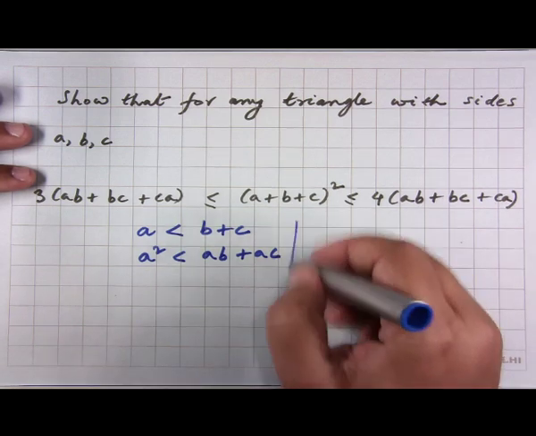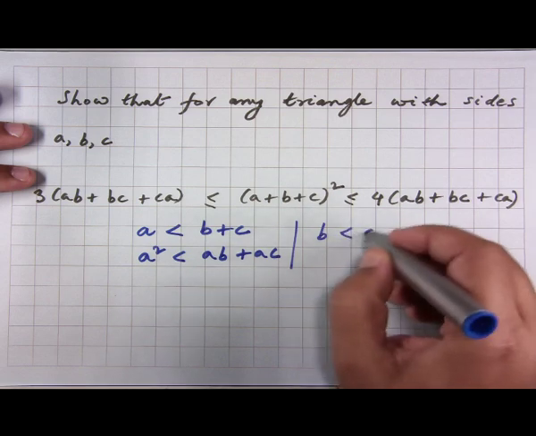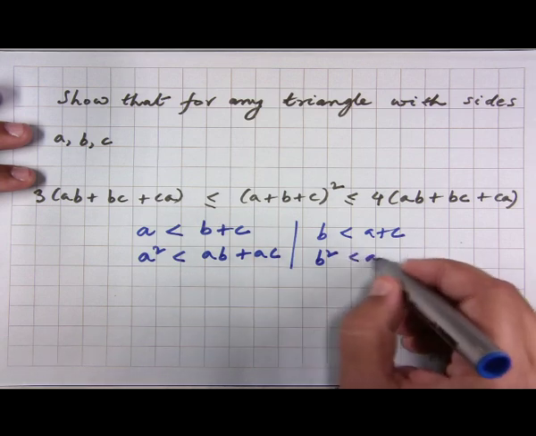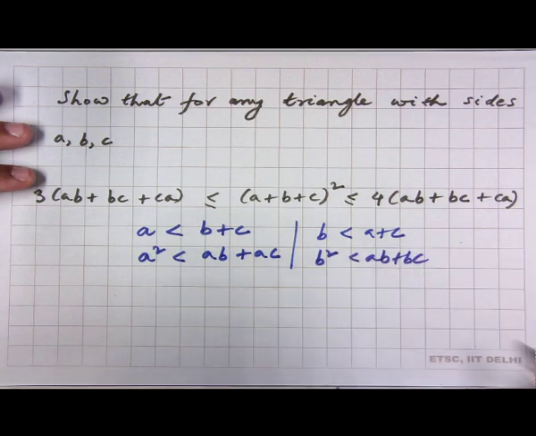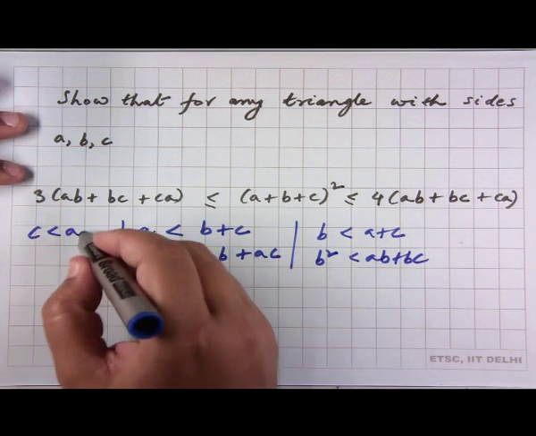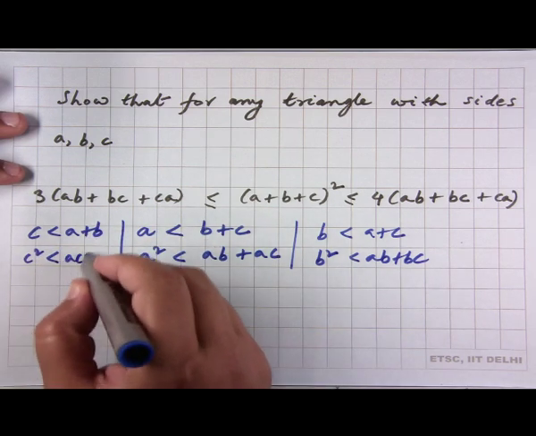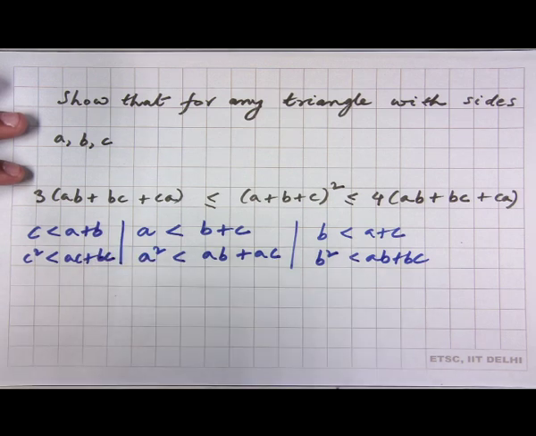And then similarly for B, we know that B is less than A plus C, and therefore, B square is less than AB plus BC, and similarly we know that C is less than A plus B, and therefore, C square is less than AC plus BC.